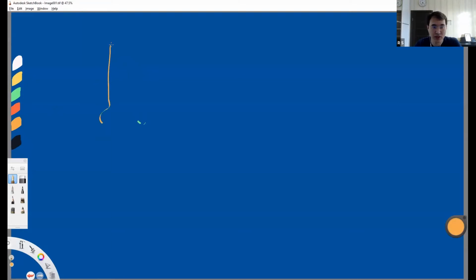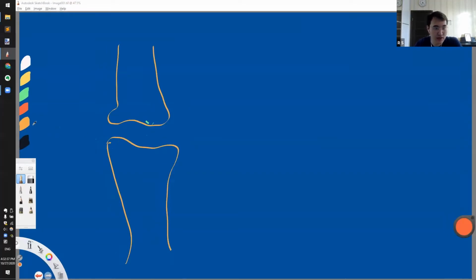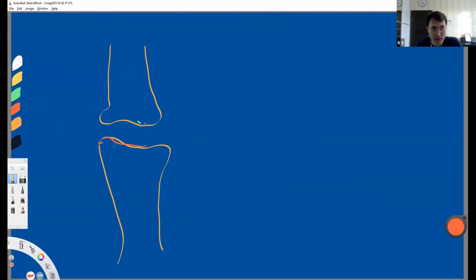So we have the ligaments. Let's say this is bone one and this is bone two. This surface here is usually the cartilage, and it is to reduce the friction between the two bones.